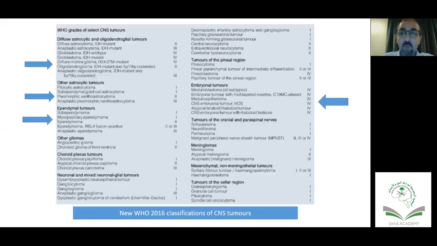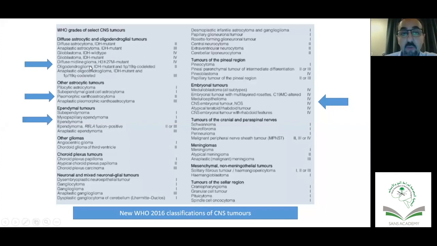So again, we will go through this table. We went through it in the first presentation on adults, and this is just a reminder of what we covered last time. We went into real detail about the diffuse astrocytoma and glioma in adults. You can see they are now classified according to IDH-mutant or wild-type, so we have diffuse astrocytoma, anaplastic astrocytoma, glioblastoma, and oligodendroglioma.